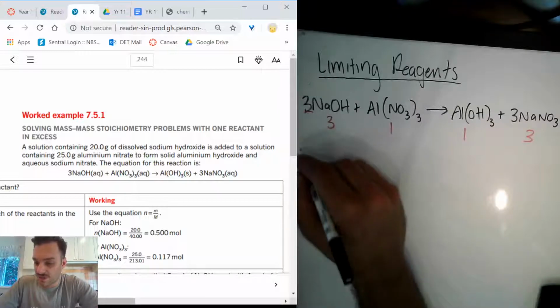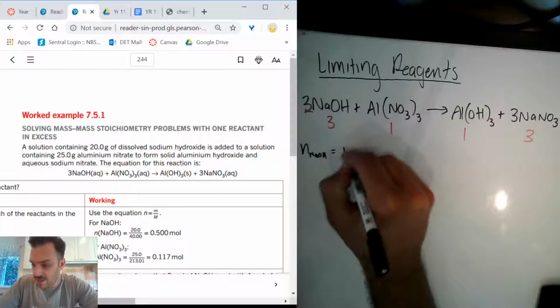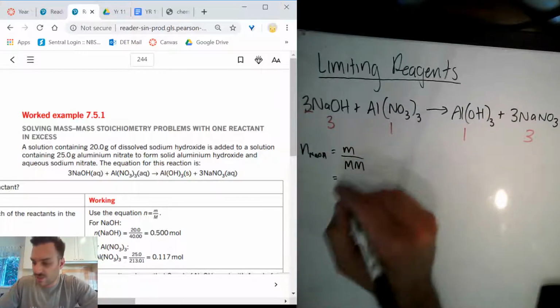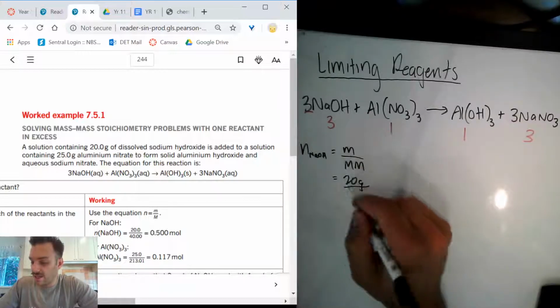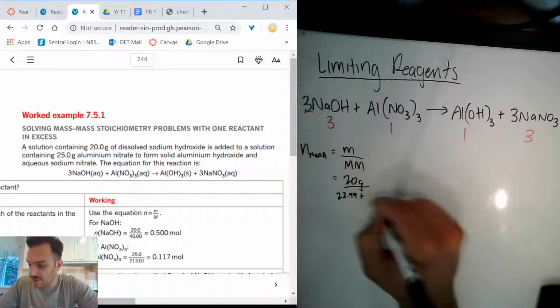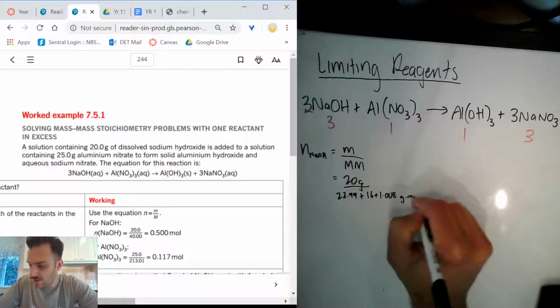Let's do the sodium hydroxide first. The number of moles of sodium hydroxide is equal to mass on molar mass. The mass of sodium hydroxide is 20 grams, and the molar mass of sodium hydroxide is 22.99 plus 16 plus 1.008 grams per mole.